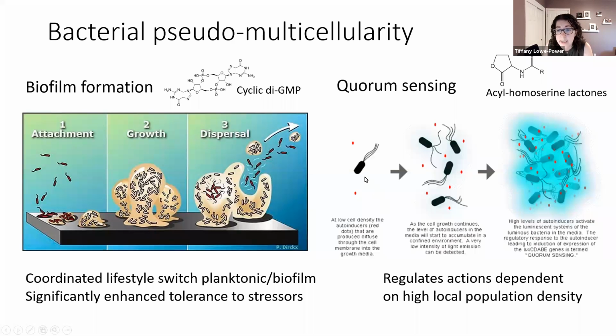And the way this works is that the bacteria cells produce somewhat specific secondary metabolites, which are shown as these red little shapes. And when there's a low cell density, so very few cells, you'll have a low concentration of that signaling molecule.